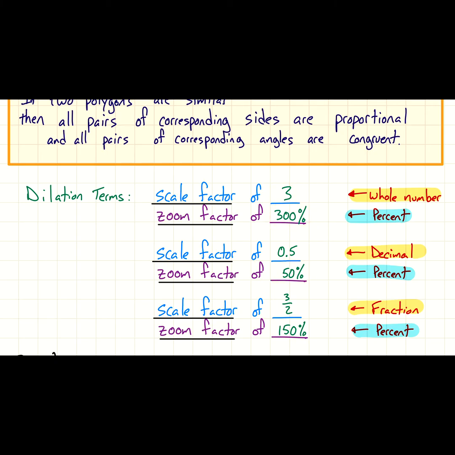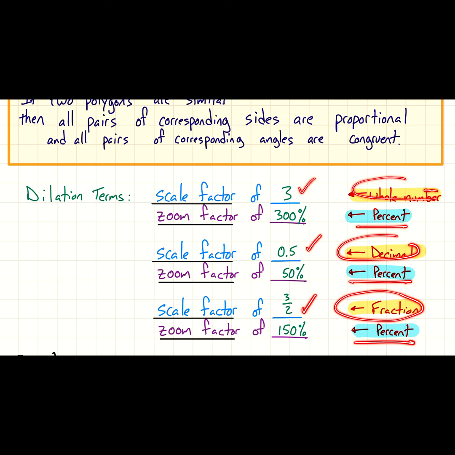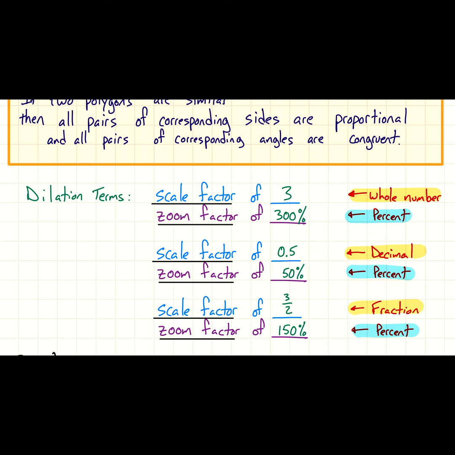And then it could also be written as a fraction as well. It doesn't matter if it's a whole number, decimal, or fraction, which I've listed here for you just to let you know. The zoom factor will always be a percent, but the scale factor can change. It's just whatever is convenient. The problem might give you something different, or maybe whatever you feel like writing.